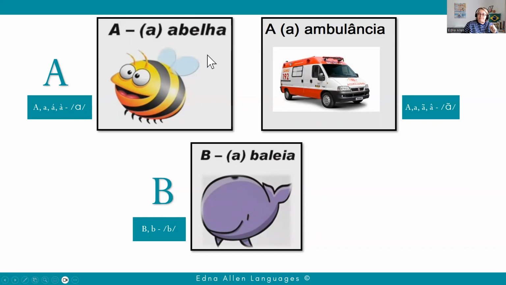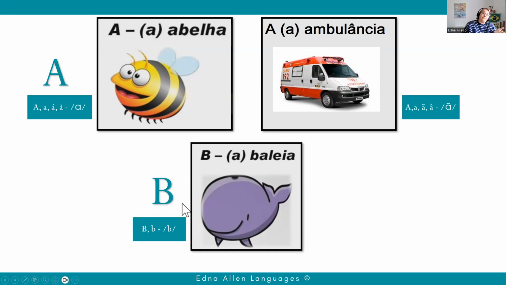A abelha. Tudo bem? A ambulância. Ambulância. A ambulância. B. A baleia. A baleia.